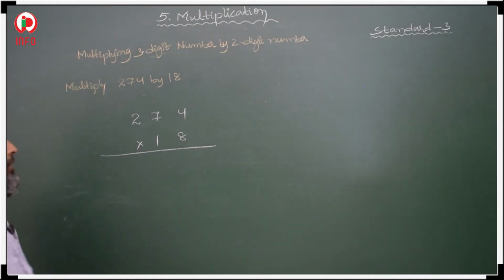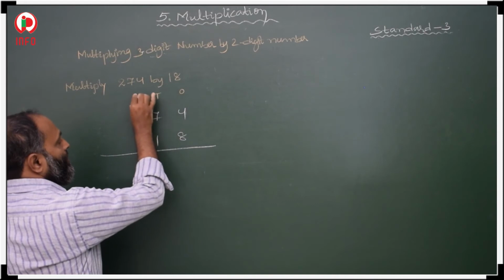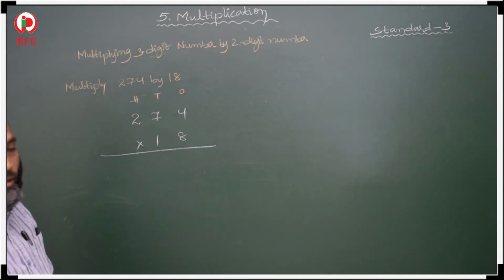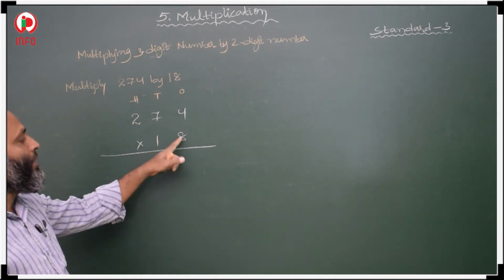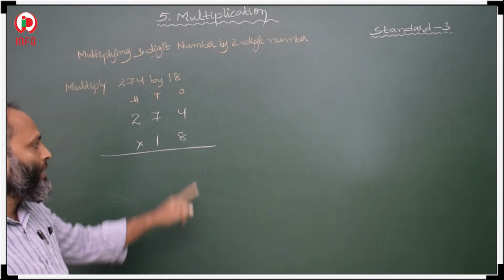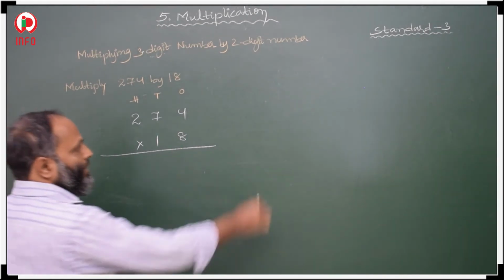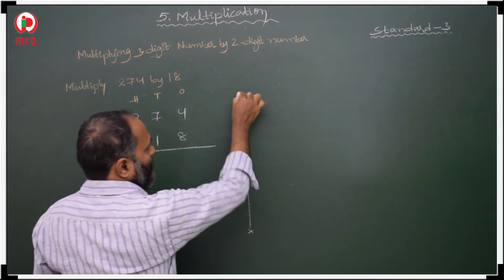This is ones place, this is tens place, and this is hundreds place. First we have to multiply the given number with 8. What is there in ones place? 8. With the ones place number we have to multiply. First you make a rough column like this.